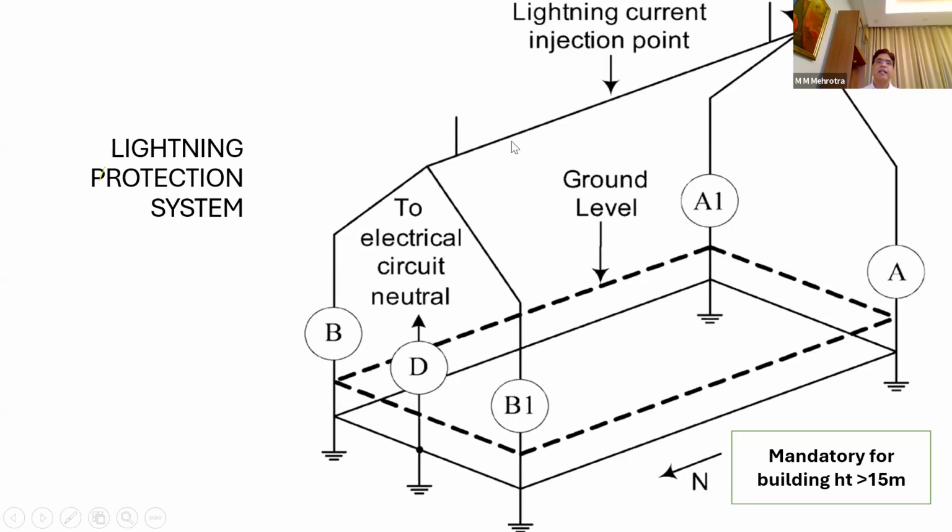You might have seen some vertical rods. Vertical rods are finials, at least about 60 centimeter, at the highest point in the building. If lightning strikes, it will be caught by this finial and taken by these conductors finally into the ground.